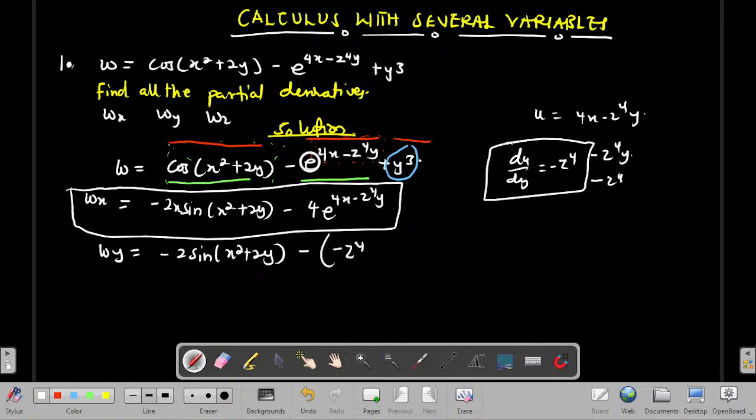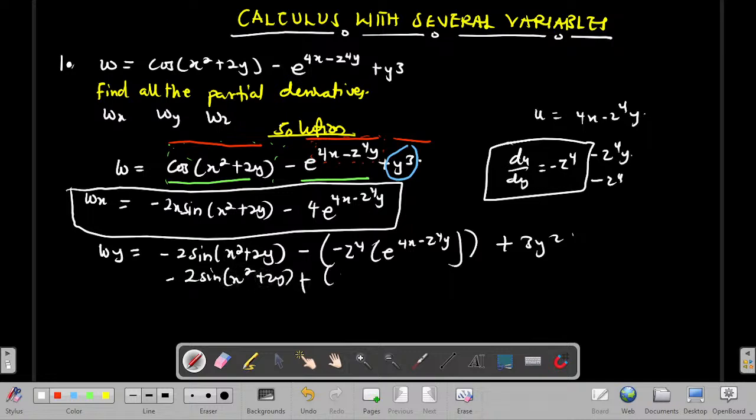You are doing this, or you can do negative z to the power 4, then it will multiply whatever. w sub y is negative sine of x squared plus 2y, so this becomes plus e to the power 4x minus 4y.